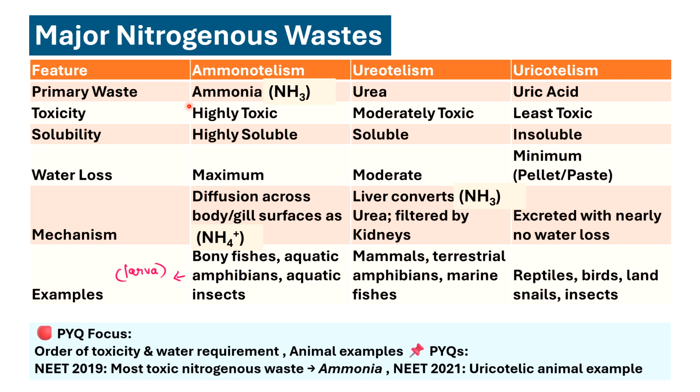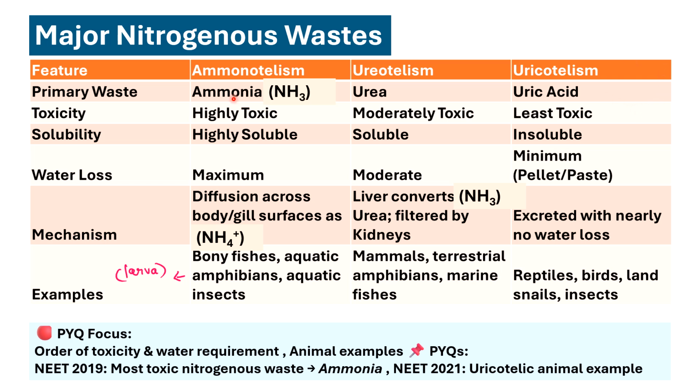Now organisms are known as ammonotelic organisms if the byproduct is ammonia. Similarly, they are known as ureotelic organisms if they release urea as a byproduct, and uricotelic organisms release uric acid as a byproduct. This part is clear?